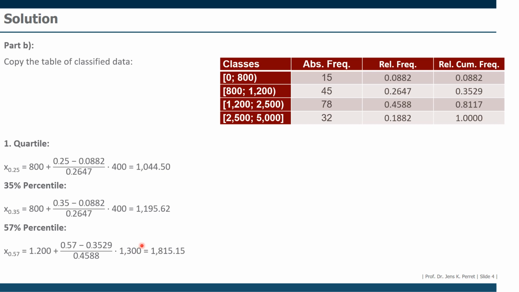In total, I will get as a result 1815.15.